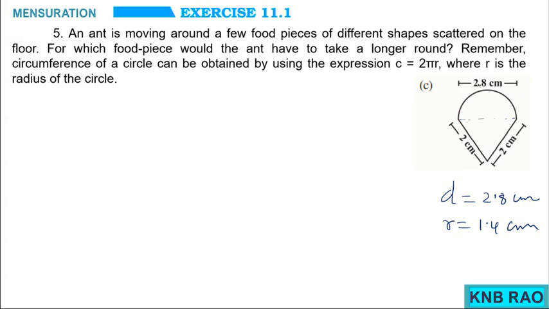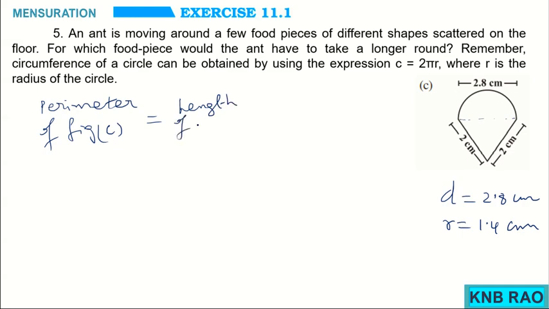Now only the arc portion I have to find out. So the perimeter of figure C is the length of the semicircle added to this 2 and this 2.